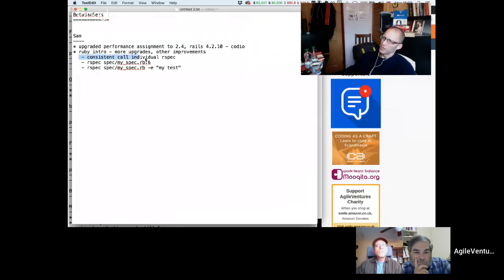So we switched it all over. There's one ambiguity there, and there's a potential for doing a PR on the RSpec core that some people are interested in. We'll see.